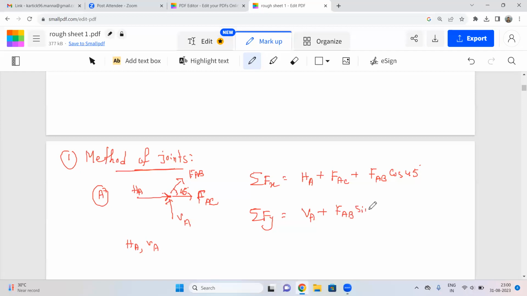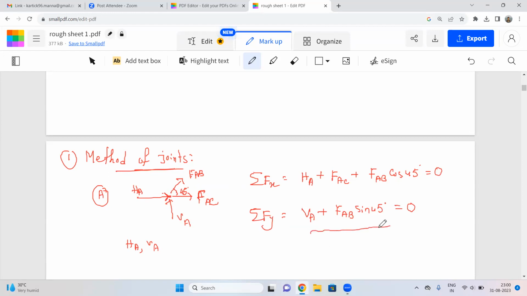At equilibrium, at each and every joint, that will be in equilibrium. So summation of Fx should be equal to 0, and summation of Fy should be equal to 0.